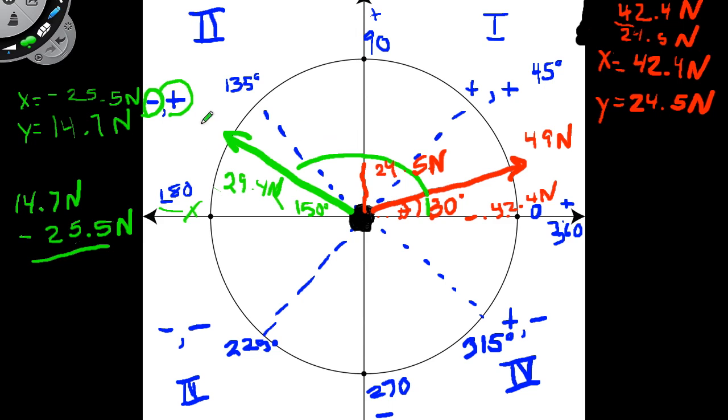Okay, so now when I look at these numbers, right, I had a positive 42.4 newtons pulling in that direction. I have a negative 25.5 pulling in this direction. Forgive me, my scale's a little off there.